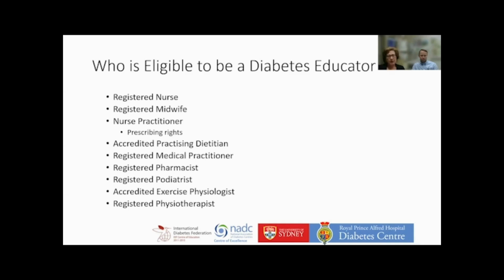But the other groups, which maybe you didn't know about, are dietitians, some doctors, GPs who have become educators, pharmacists, podiatrists, exercise physiologists, physiotherapists. And in the last week, the optometrists are also now allowed to do a postgrad course to become a diabetes educator.